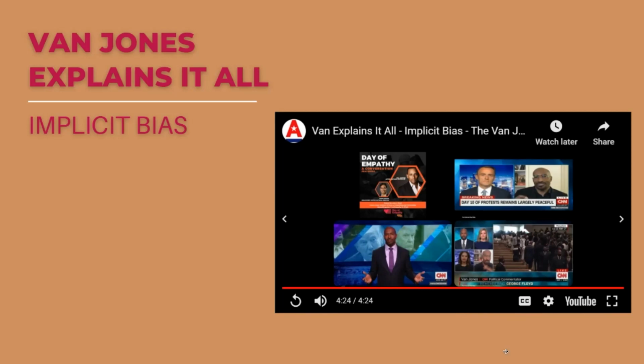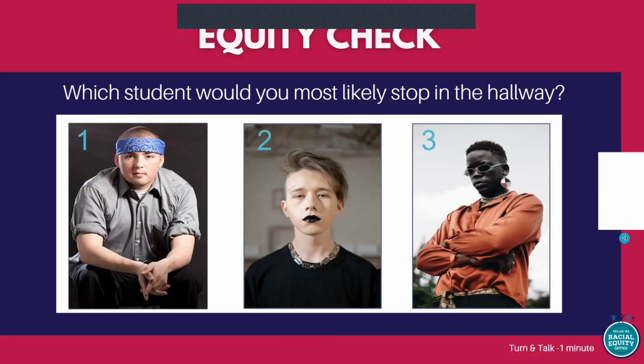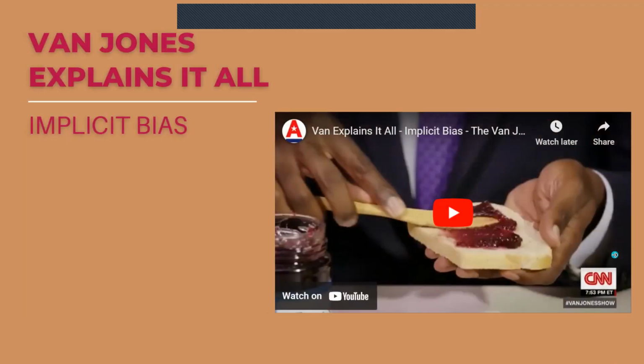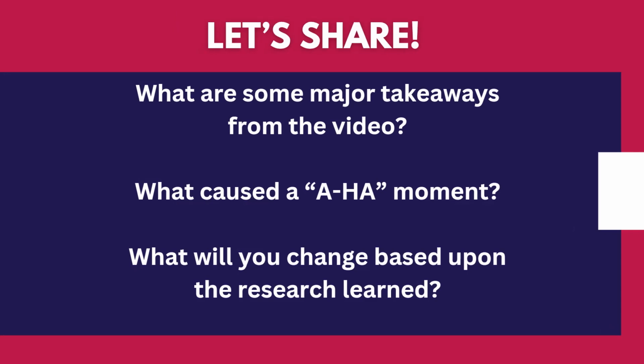Now, that was quite a video, and it really does explain a lot about what we see as far as implicit bias. So, what are some of your takeaways from the video? What caused an aha moment? And what will you do to change based on the research you just learned?